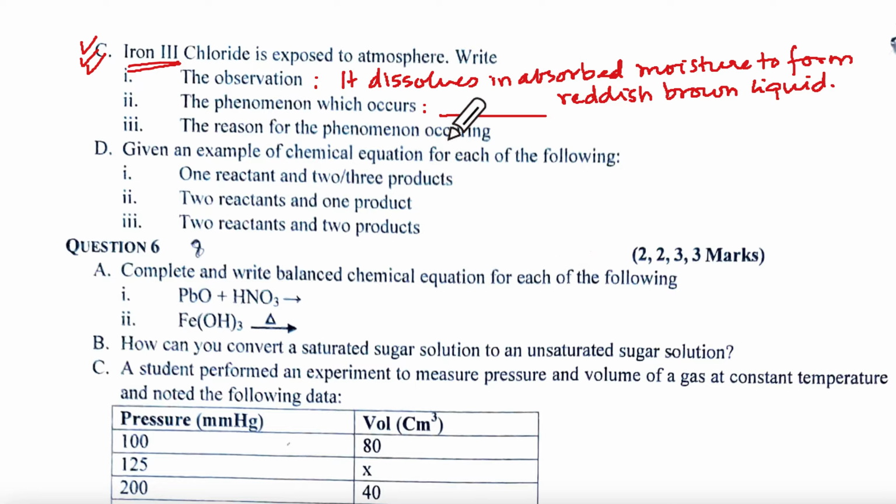Now 2 reactants and 2 products. 2 reactants and 2 products I can take. Okay, can you see 2 reactants and 2 products?